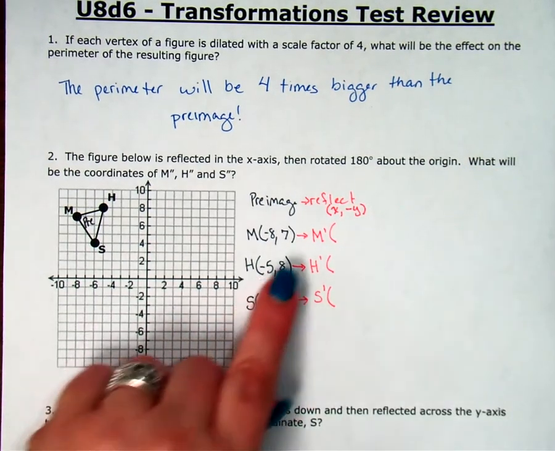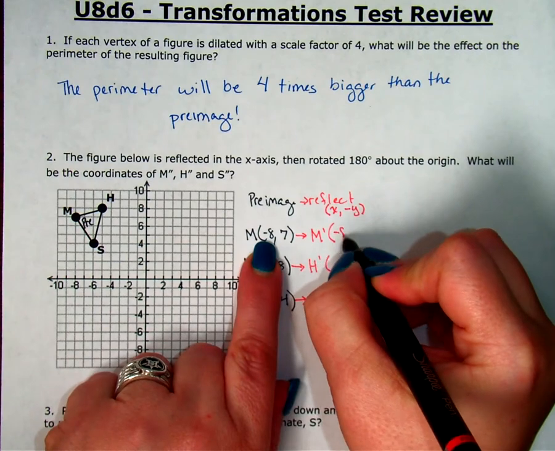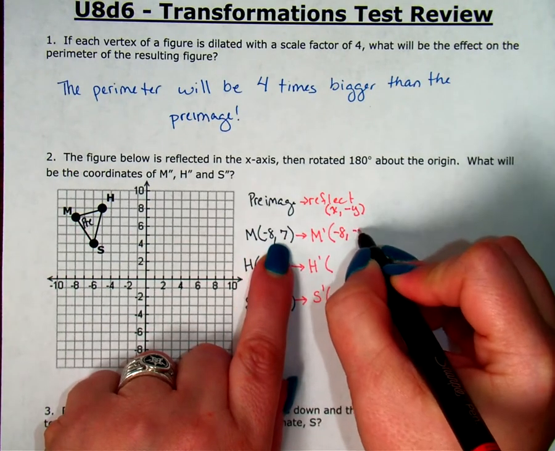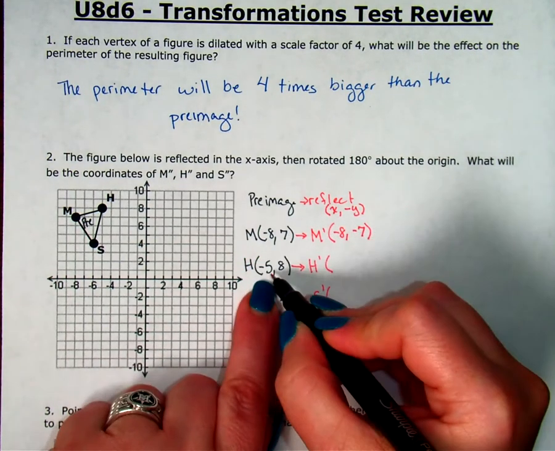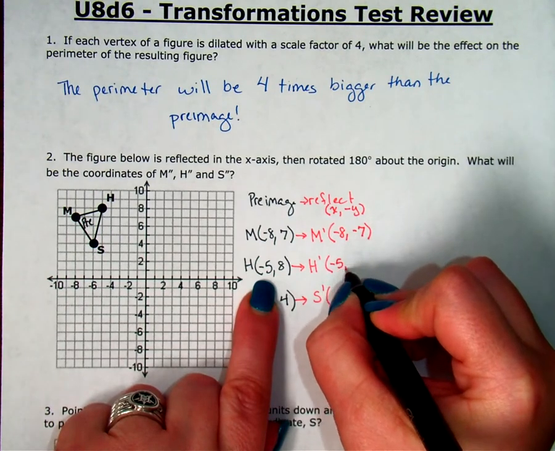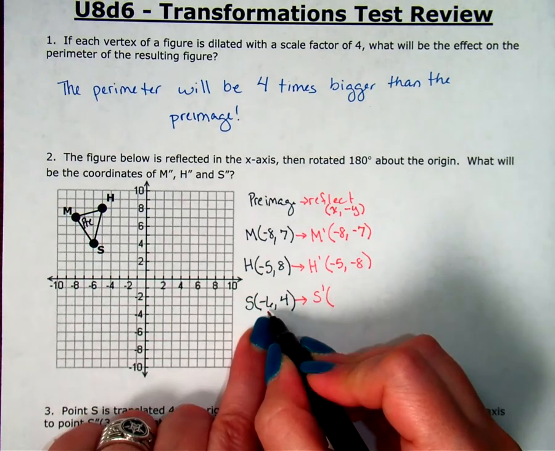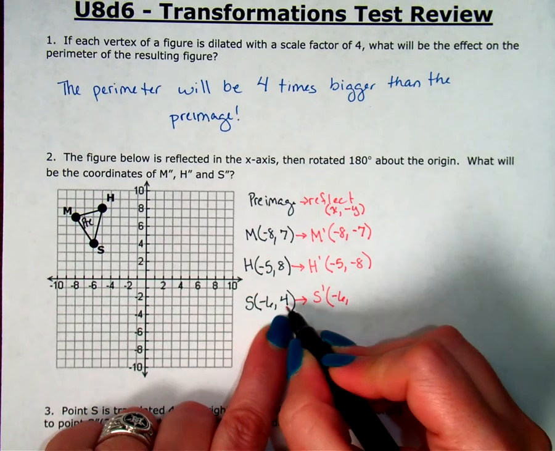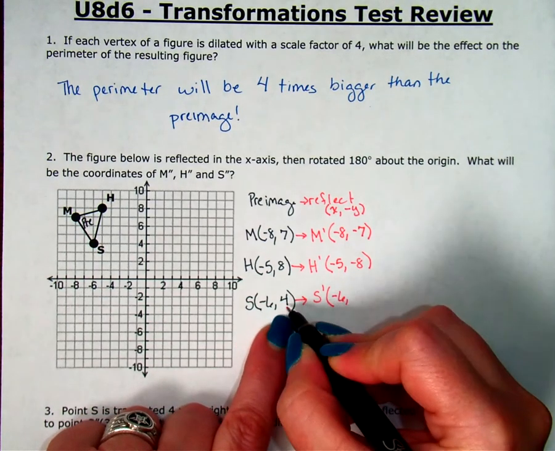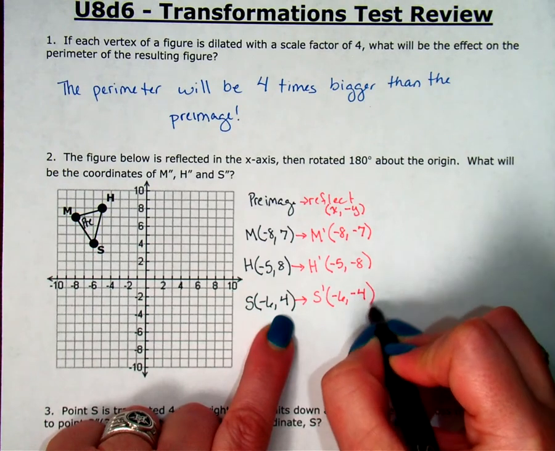Okay, so let's do that. My x is -8. The opposite of 7 is -7. My x is -5. The opposite of 8 is -8. The x is -6. The opposite of 4 is -4.